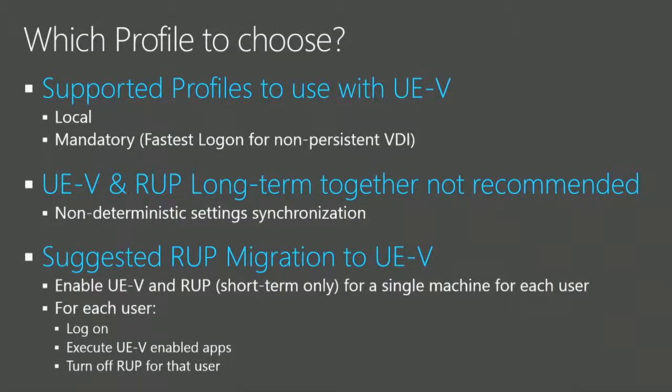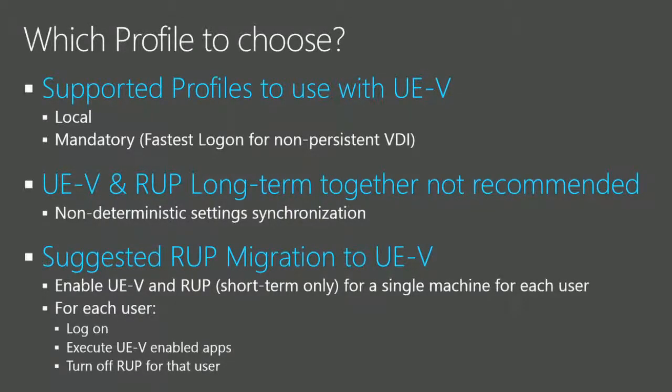Certain enterprises prefer having a mandatory profile, which I feel in today's day and age of end-user computing, or user-centric computing, giving the user the ability to change, especially with bring your own device. So UEV and roaming user profiles, not really recommended for long term because of the way they synchronize.